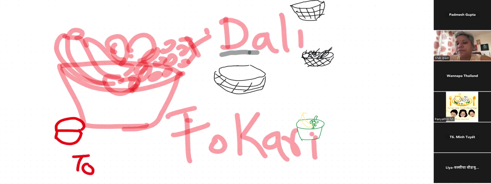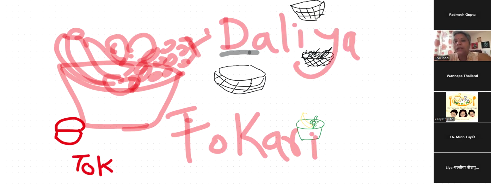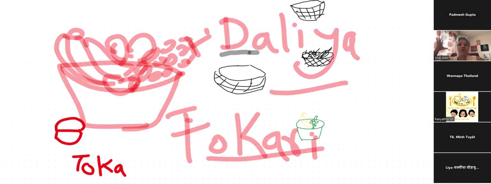Dalia is more of a smaller basket and tokri can be big, you know, the big baskets. If you go to the fruit market, now actually everything is more in cartons and wooden boxes. But in India, if you go to the vegetable market, you will still find vendors selling vegetables and fruits in big baskets, and they can be tokri. And dalia is the small basket.